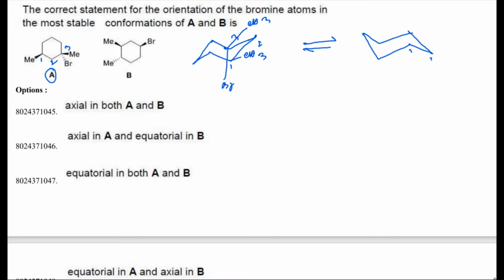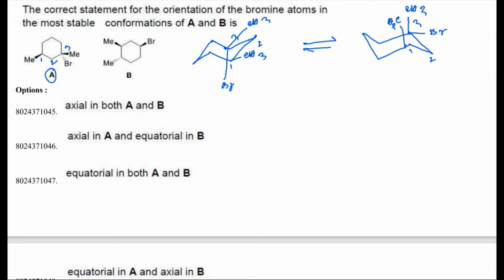This is 1, 2, 3. In 1 and 3, the two methyl groups will go to axial position, and the Br which was axial will go to equatorial position at position 3.